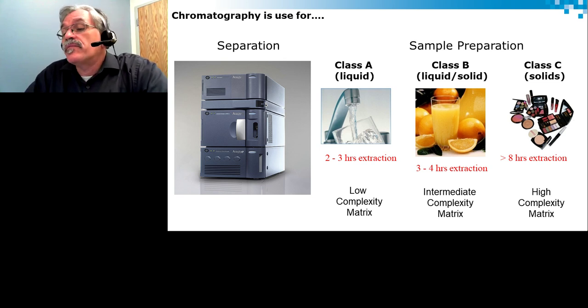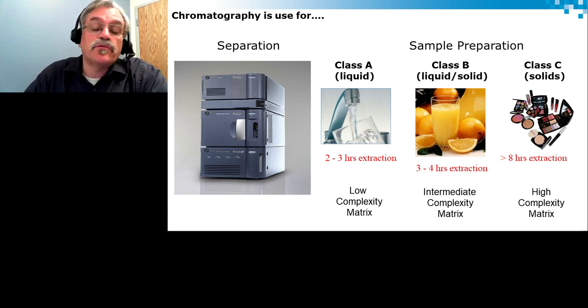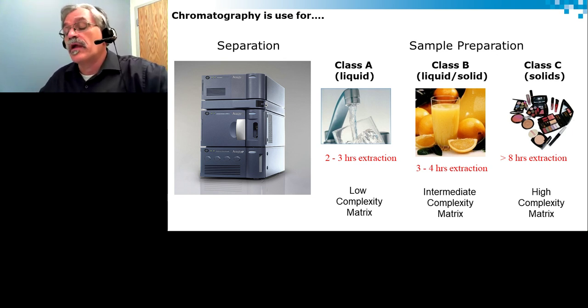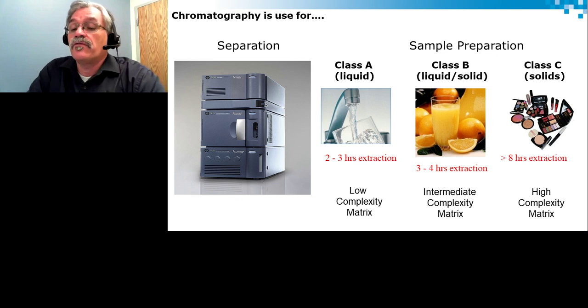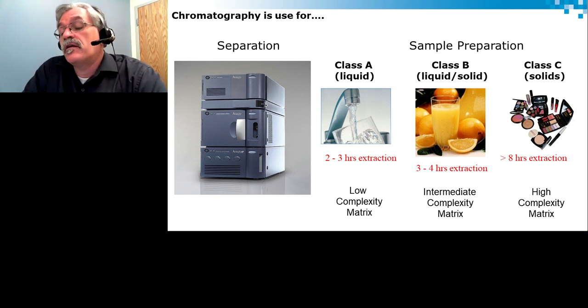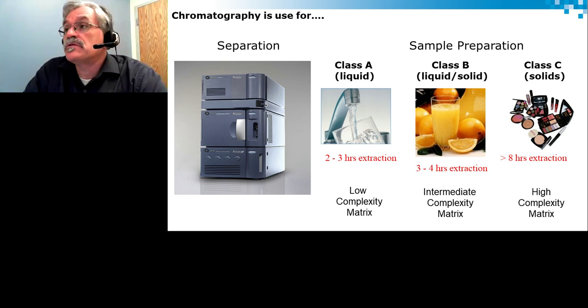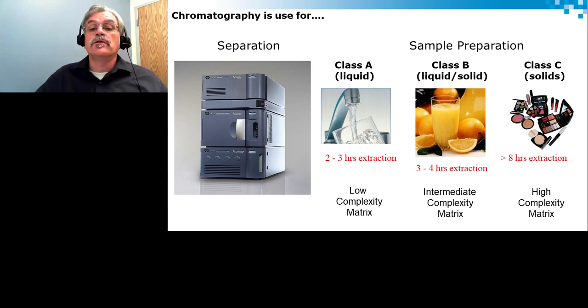Class C is solids, such as tissue, soil, or food applications. As the complexity of the sample increases, the task of extracting the analyte, for target application or screening, becomes really complex. That's the sample preparation problem.